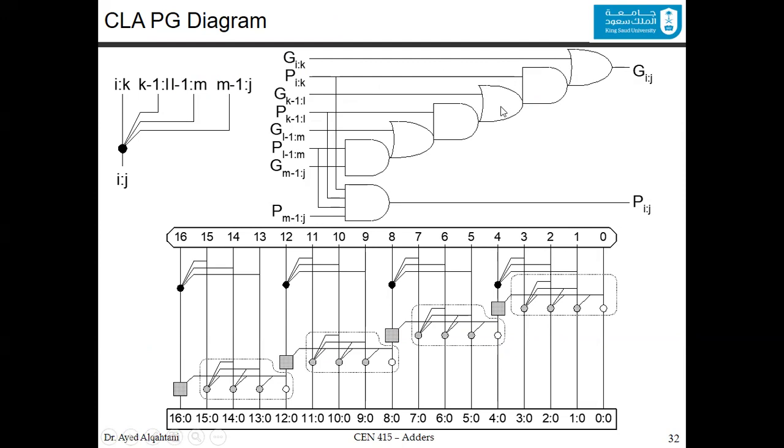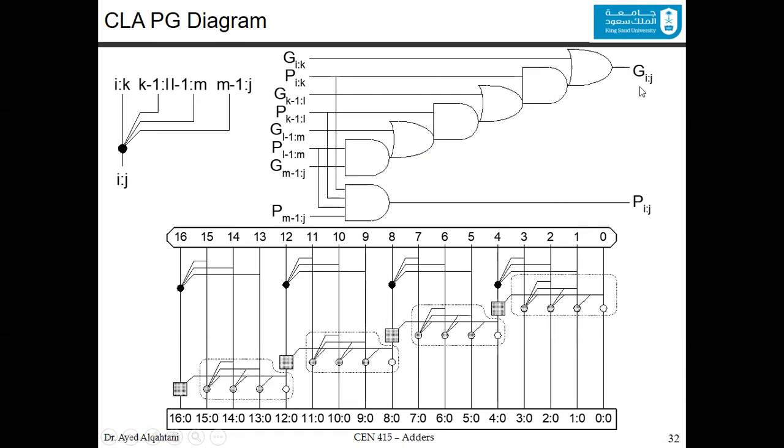And this previous stage is either generation in the same stage or propagating from a previous stage and so on. So it will become AND or AND or AND or AND until you reach the base case. This is the idea of the carry look-ahead adder.